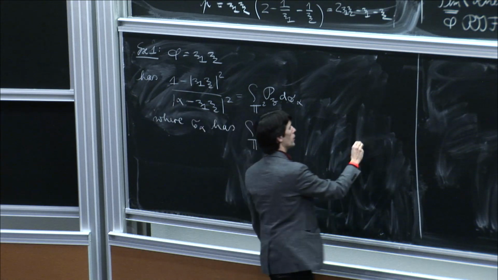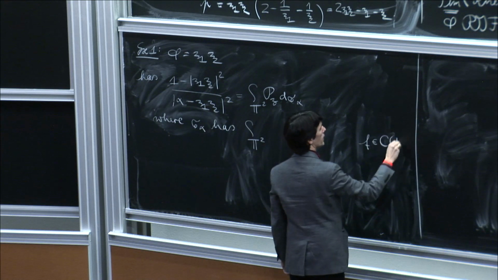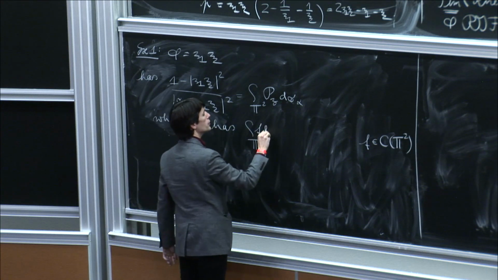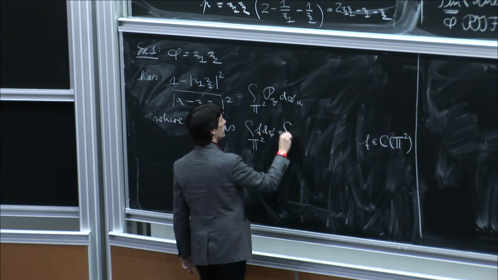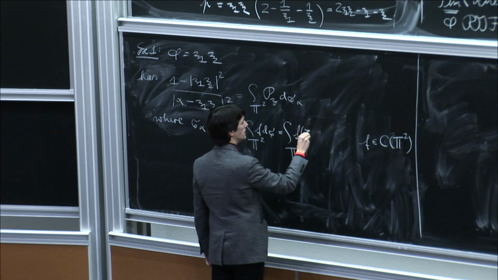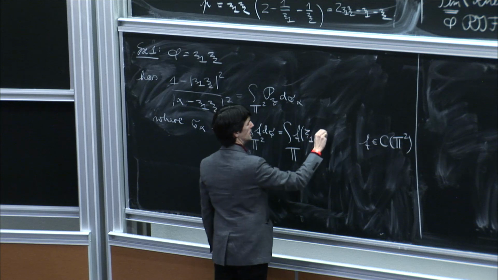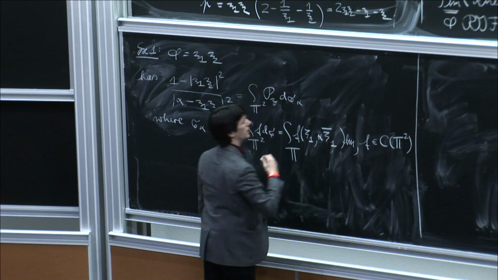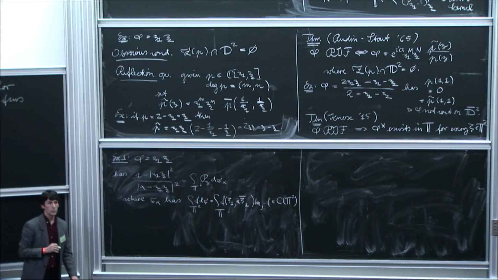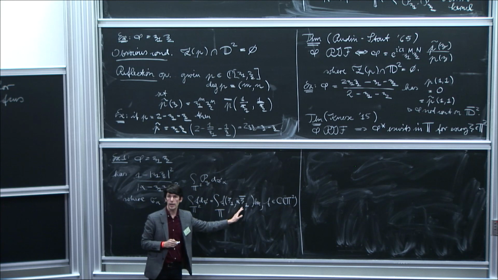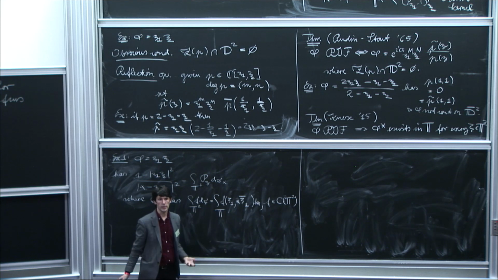So if you pick your favorite continuous function on the two torus, then you can test it against this measure. And what this measure will do is the following. It will evaluate the function at zeta 1, comma, alpha of zeta 1 bar, and then integrate that function with respect to the Lebesgue measure.